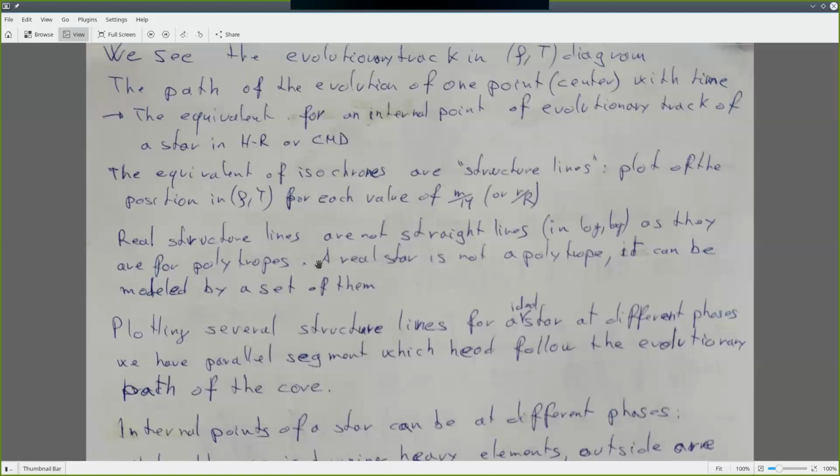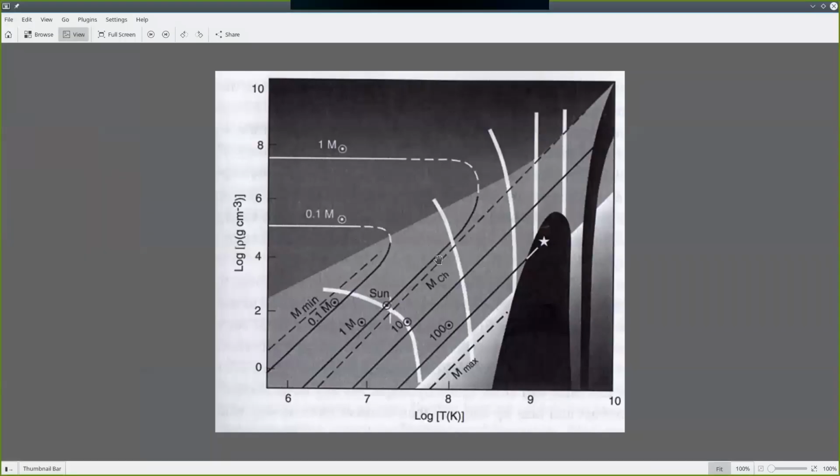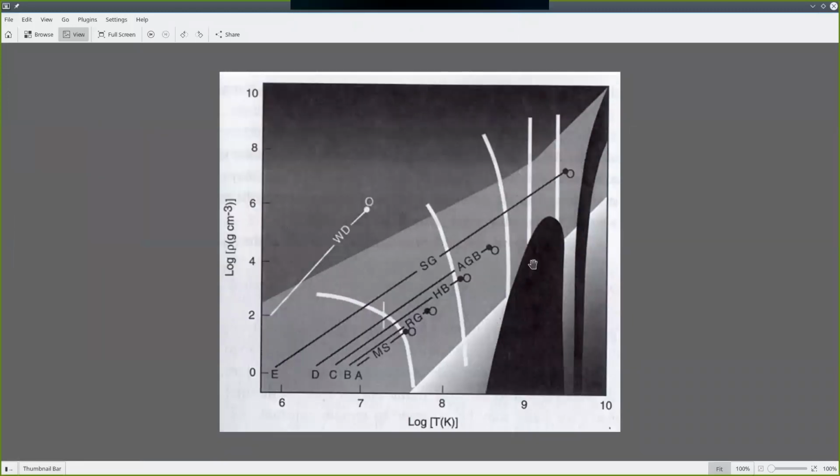The real structure seen during the evolution is not a nice line. This is, as I mentioned before, because stars are not one polytrope. A polytrope has a structure line that is perfectly a straight line from the surface to the center. It is shown here, really simplified, as a straight line from the center, the core, to the surface.